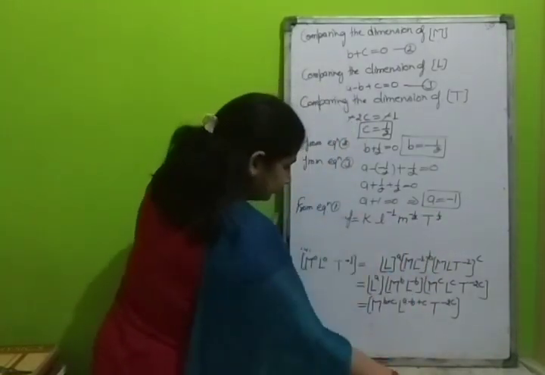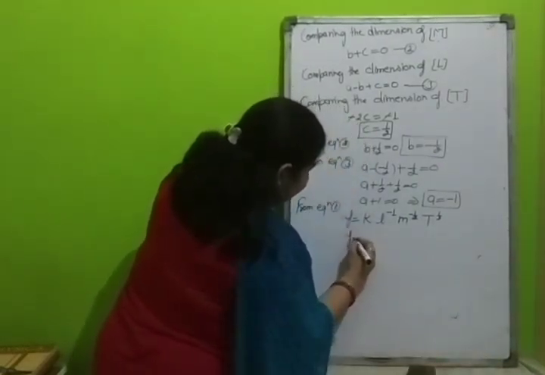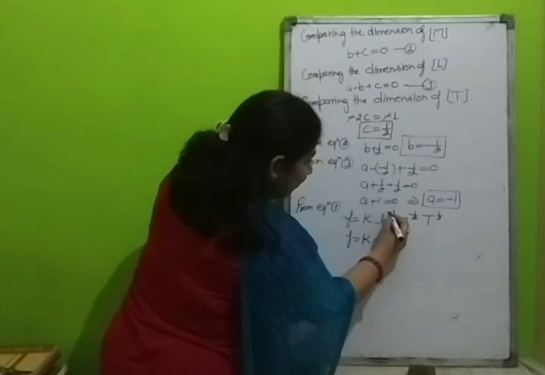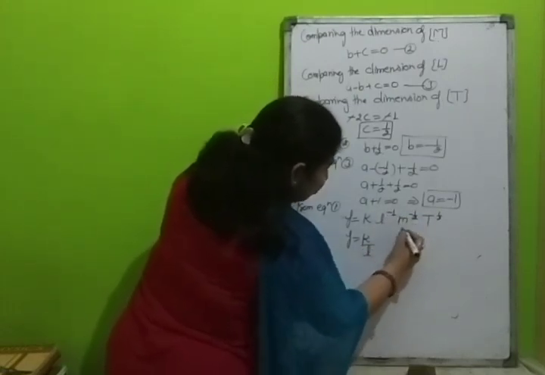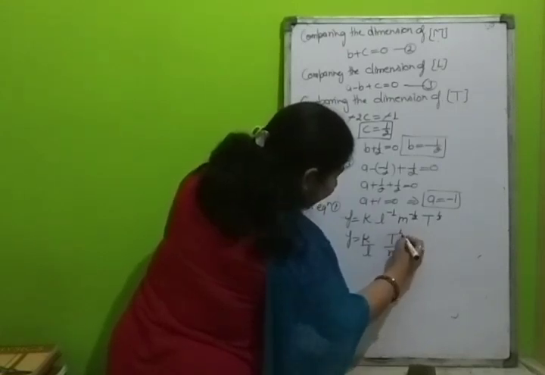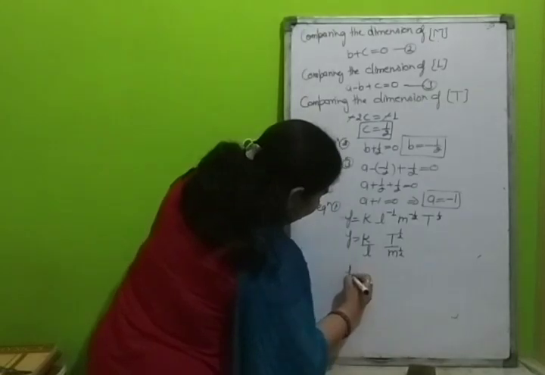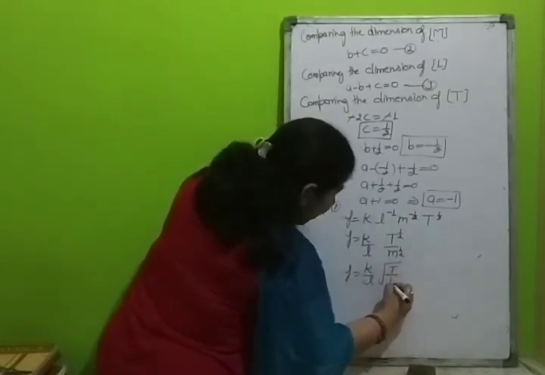Solve it. F is equal to K, L to the power minus 1 means L should be in the denominator. M to the power minus half, negative means it should be in the denominator with half power. Now F is equal to K upon L times square root of T upon M.